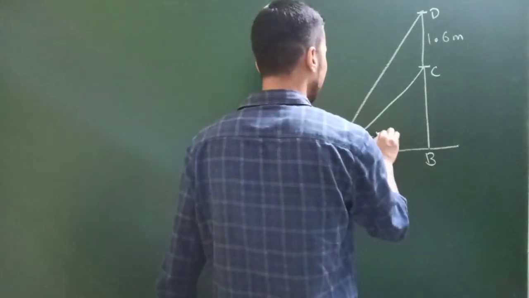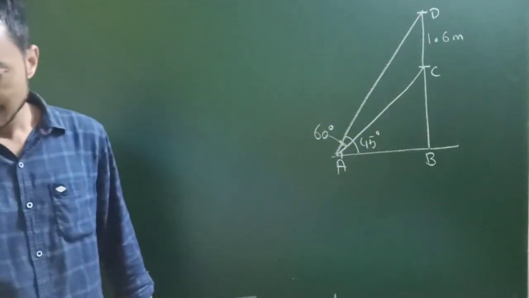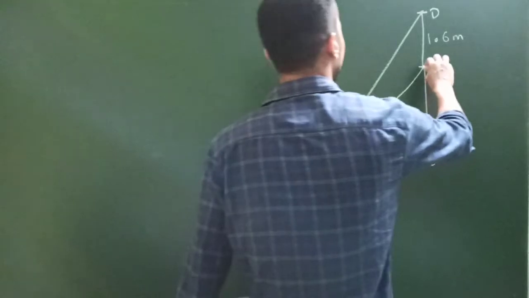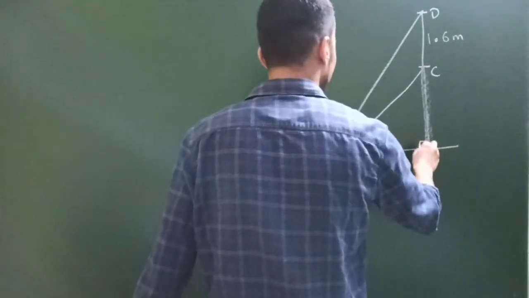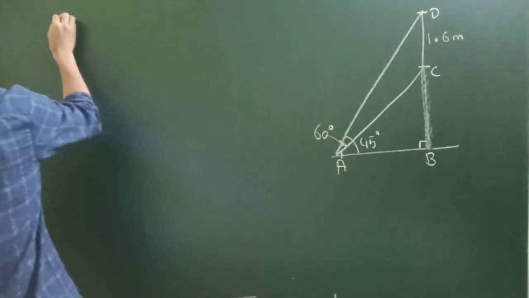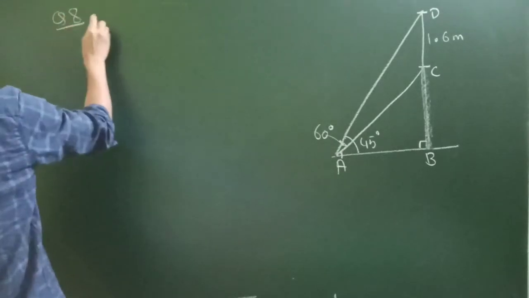Almost the same figure like the previous question. Find the height of the pedestal. So this time we have to just find out this one. So let's continue. It's almost the same question. That is question number 8.